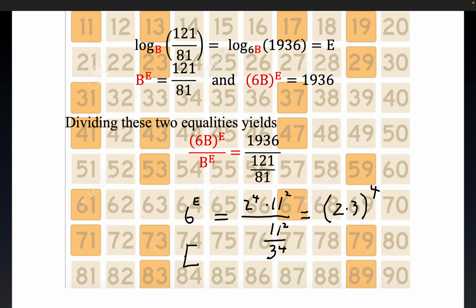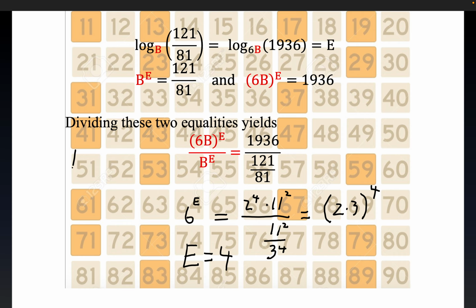Our exponent is 4. Now what are we going to do with that? Well, if e is equal to 4, we have this statement right here. Remember, we are trying to find b.